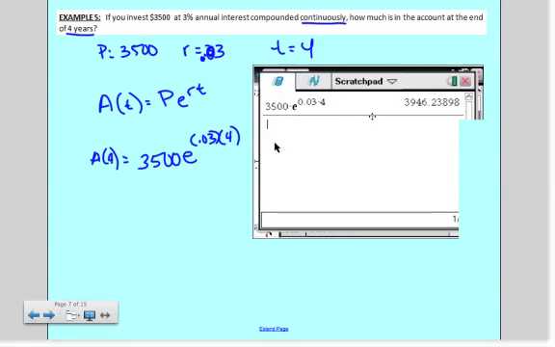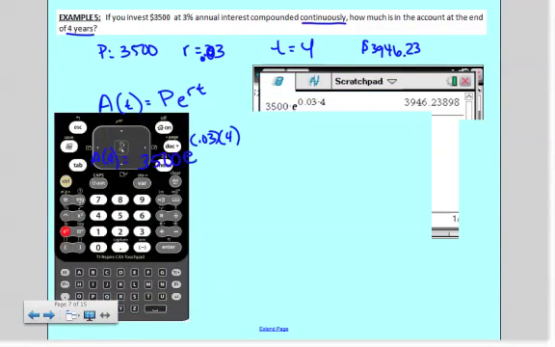We've got 3,500 times E. Notice how it's bold? That means we're using the right one. To the 0.03 times 4, and that's what we get: $3,946.23.